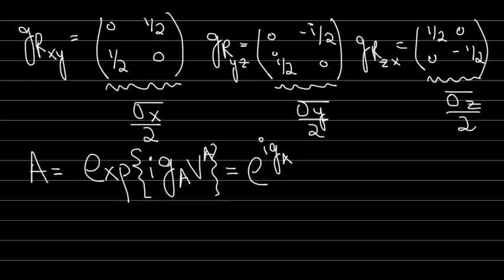Now alpha is defining this RXY, RYZ, or RZX, right? And times the parameter, which is theta.